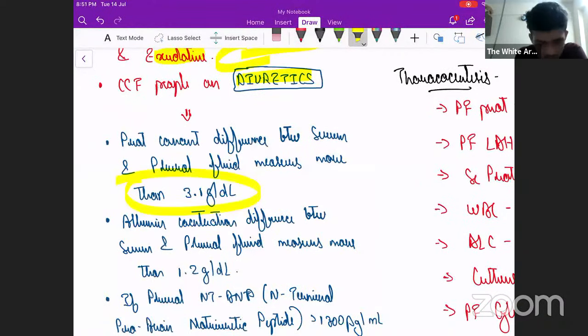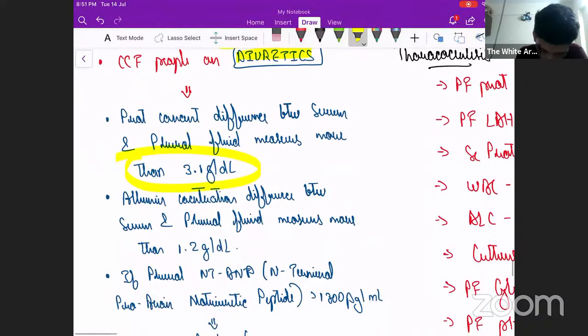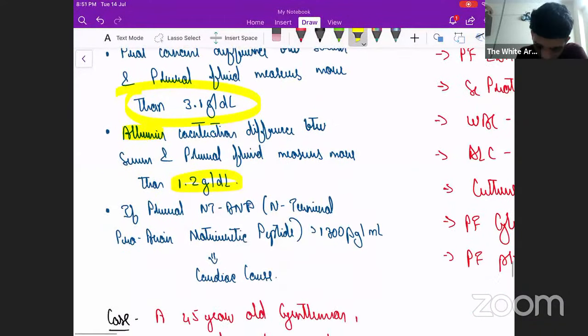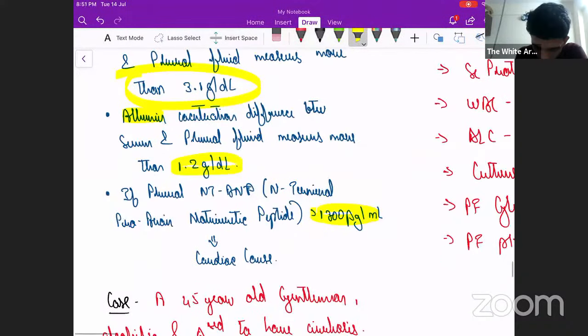If it is greater than 3.1 grams per deciliter, or instead of protein we use albumin and the difference is greater than 1.2 grams per deciliter. And if pleural N-terminal pro-brain natriuretic peptide is greater than 1300 picograms per ml, then we can call it transudative, and if this is positive we can tell it to be a cardiac cause.